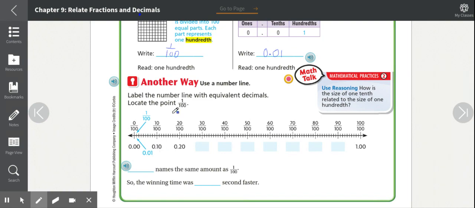So how fast that race was, that the winner beat the other person by, was only 1/100th of a second. So that was not that much time that had passed. So let's finish out our number line here. So we have 20/100ths. It's written like this, 20/100ths. And we have 30/100ths because our number ends in the hundredths spot.